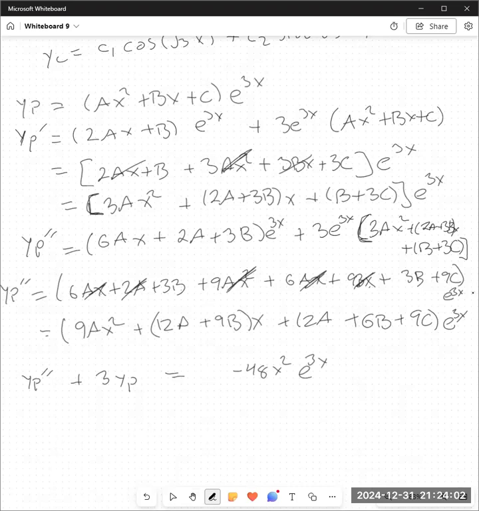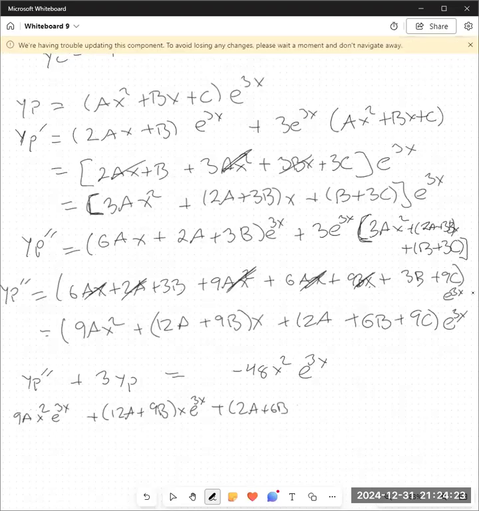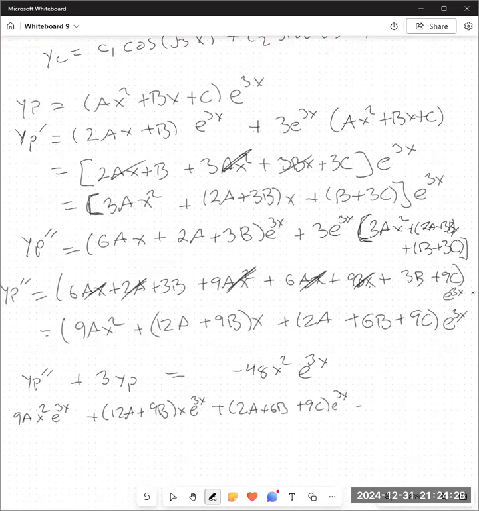So original part here, 9a x squared e to the 3x plus 12a plus 9b x e to the 3x plus 2a plus 6b plus 9c e to the 3x, plus 3 times my original, which is 3a x squared e to the 3x plus 3b x e to the 3x plus 3c e to the 3x, needs to be equal to negative 48x squared e to the 3x.